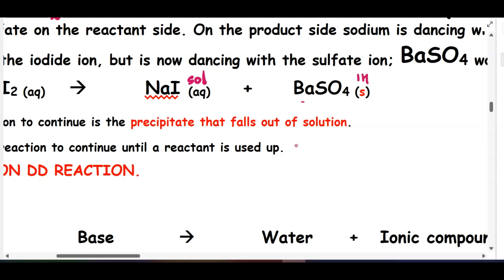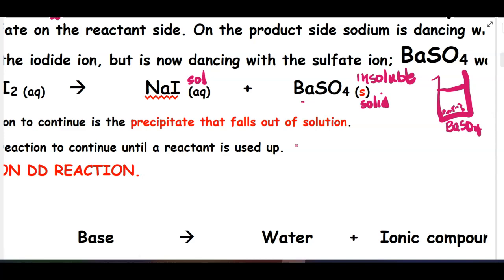Yes, insoluble. So it forms a solid. The S stands for solid in the bottom of the beaker. So when we pour these two things together, what we get is crumbs of a solid in a beaker. And that's the barium sulfate.